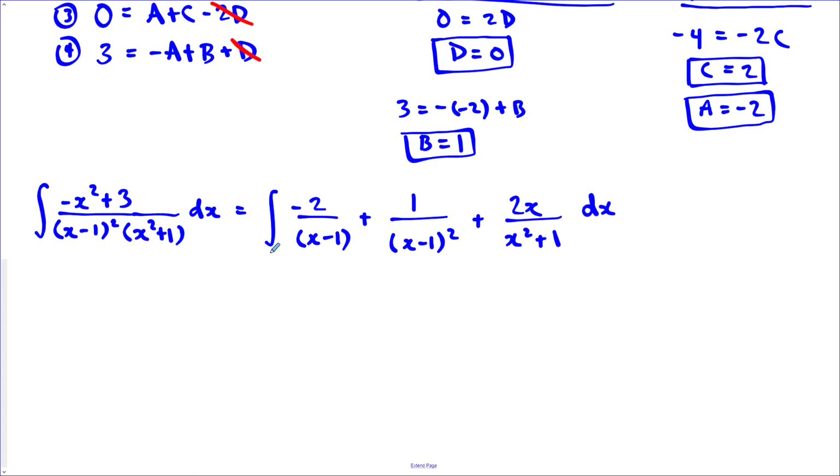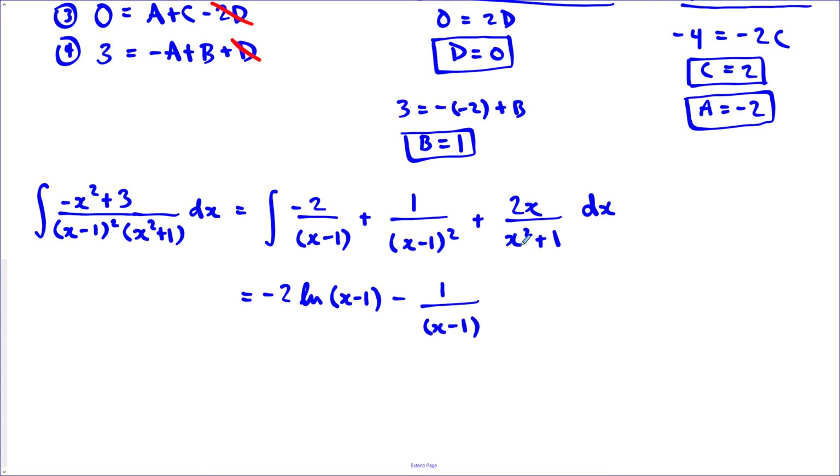And now we can integrate these just individually. So for the first one, we've got -2 times the natural log of x minus 1, and then minus, and just keep this one in the denominator. We've got x minus 1, and nothing is coming out of this factor itself, so we're all good here.